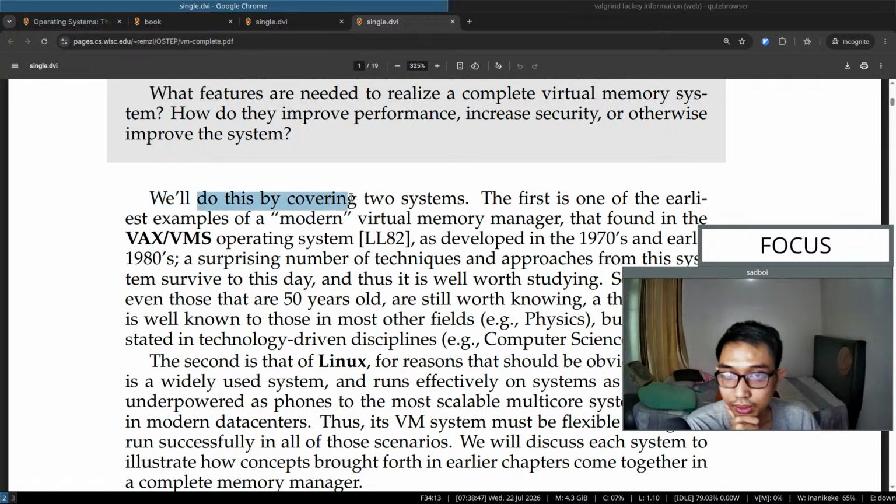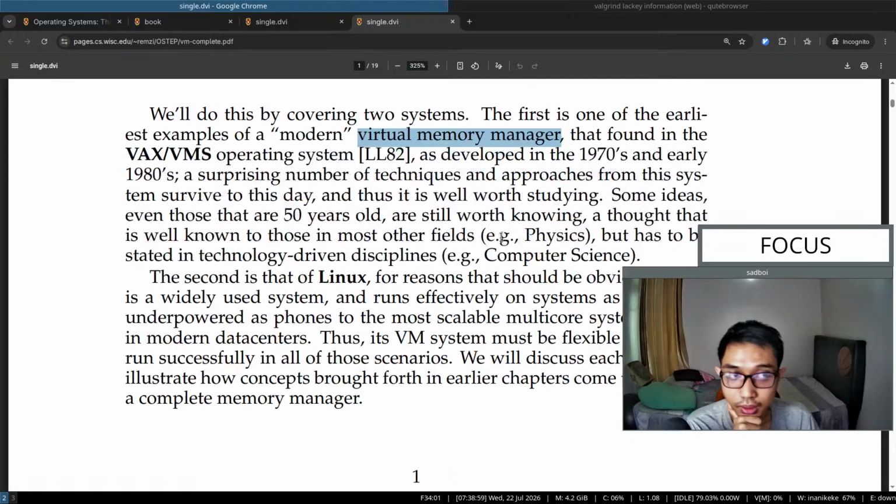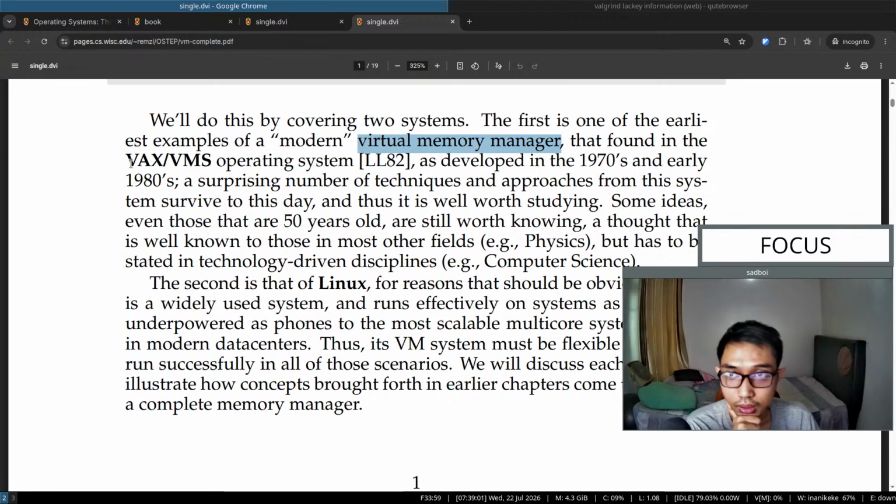We will do this by covering two systems. The first is one of the earliest examples of a modern virtual memory manager, found in the VAX/VMS operating system.